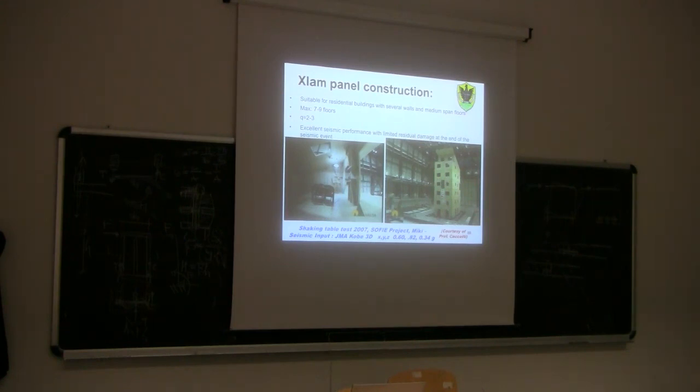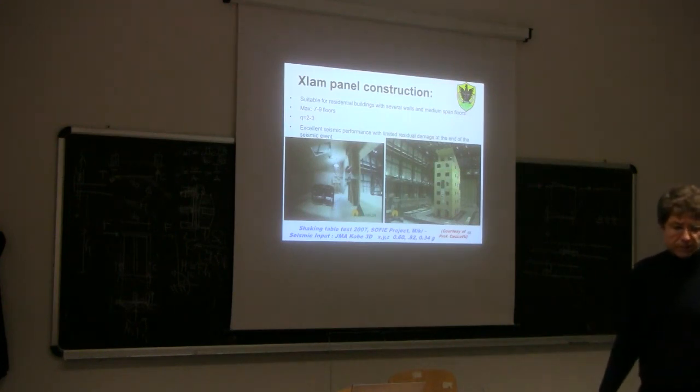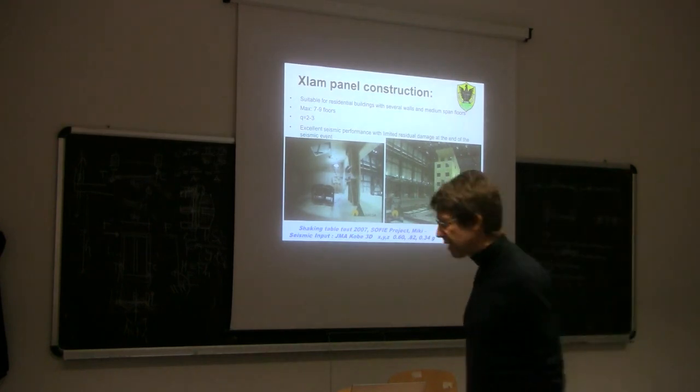In this case, this was a 7-story building that was built out of cross-laminated timber. This was within the project called the SOFIE project. The principal investigator was Professor Ceccotti, formerly a professor at the University Institute of Architecture of Venice, and then director of CNR Ivalsa in Trento.